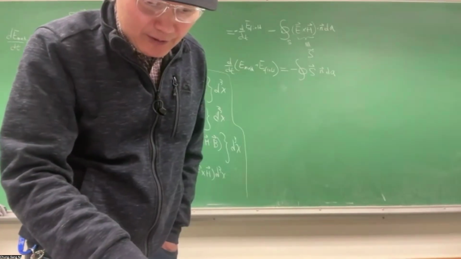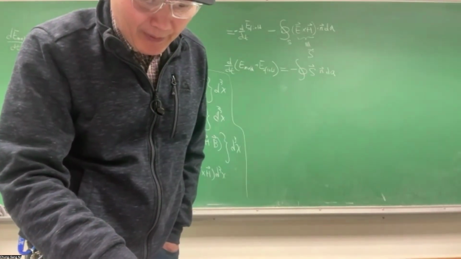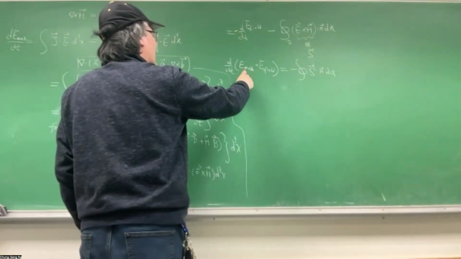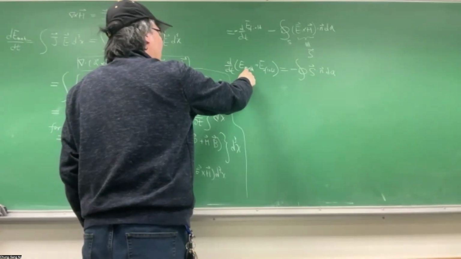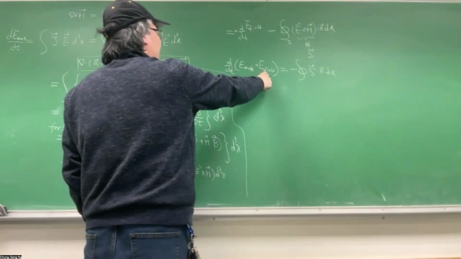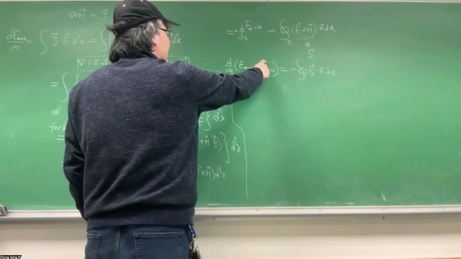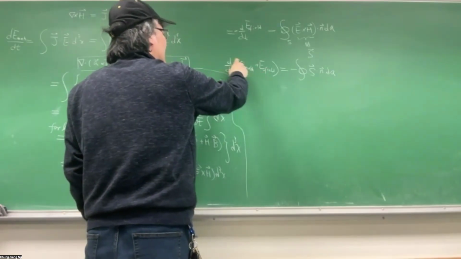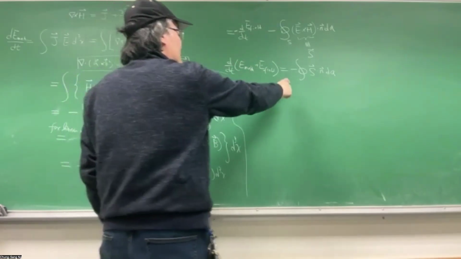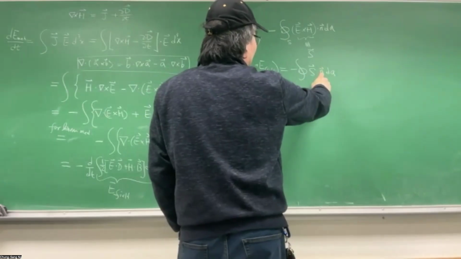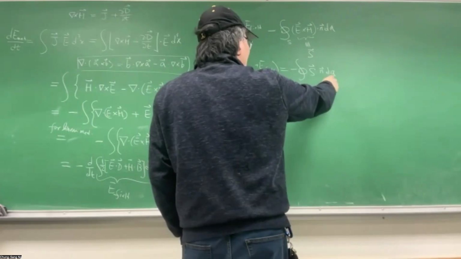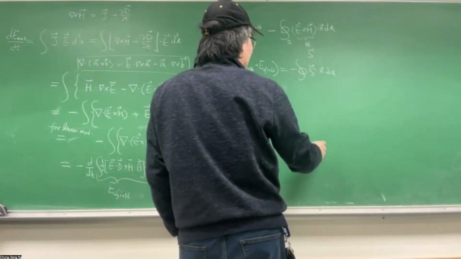This is now equation 6.11. This is the mechanical energy, and this may include the thermal energy, and then this is the energy of the field. You take the total change of this one, that equals the surface integral of this S vector dot the normal, and then do the surface integral.